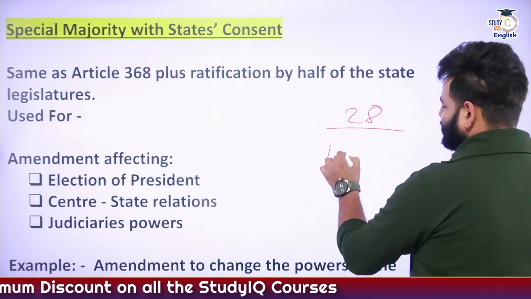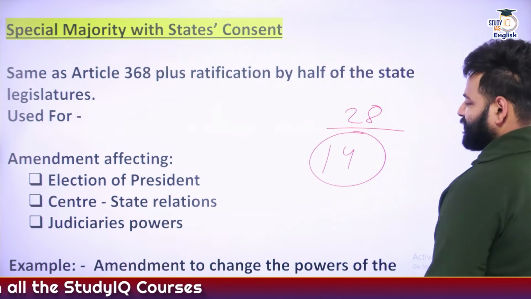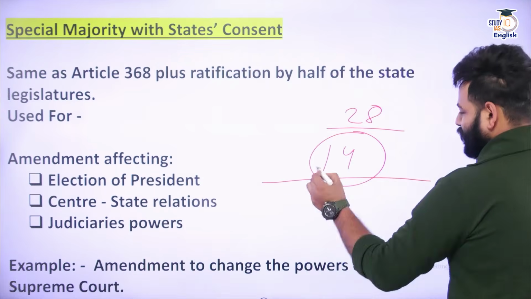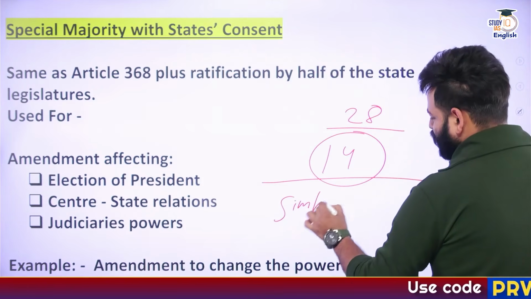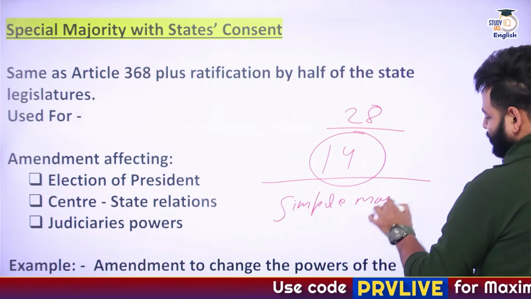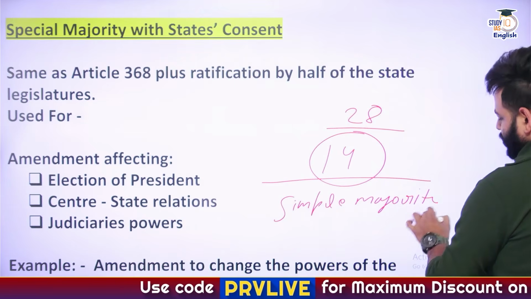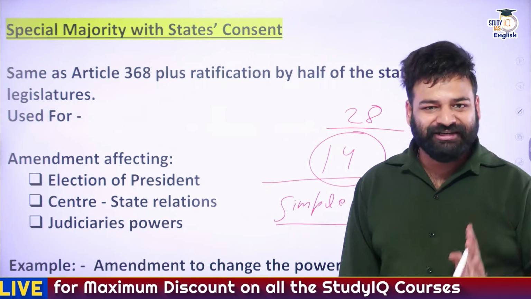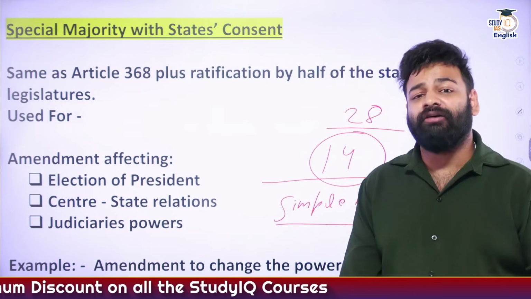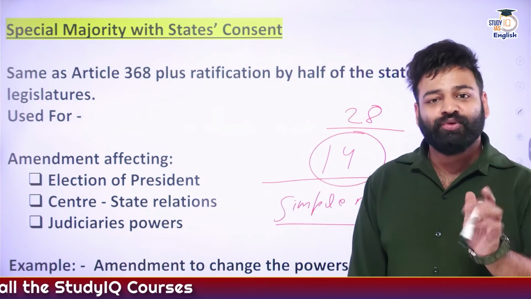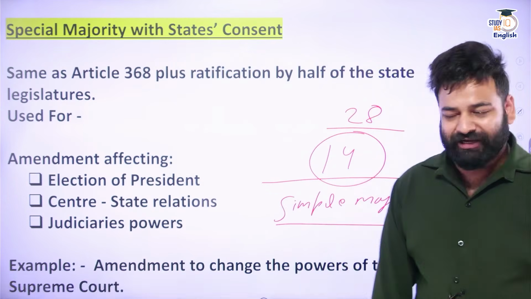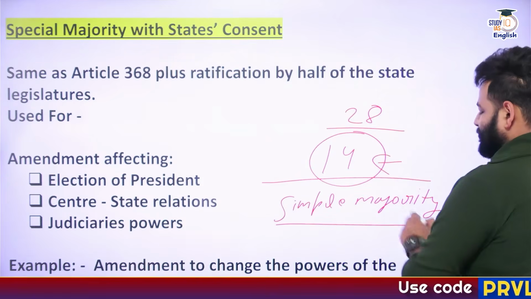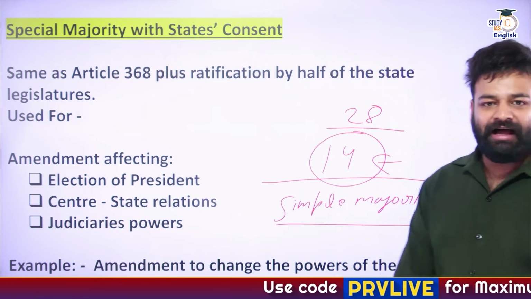Half of them, that is at least 14 of the states, that is the assemblies, should pass the very same bill with simple majority. So if out of 28 states presently, 14 of them are passing it with simple majority, I'm done.